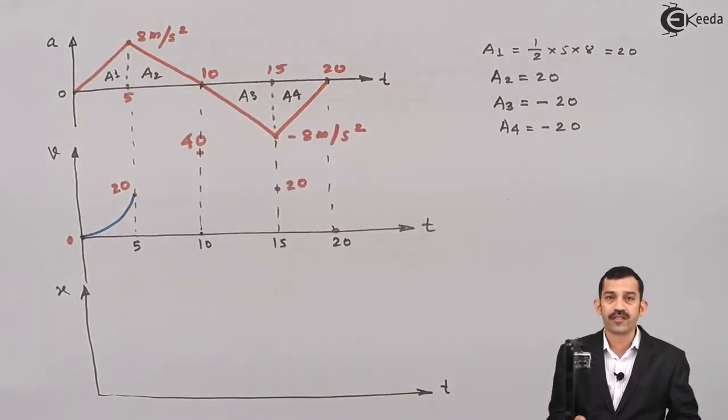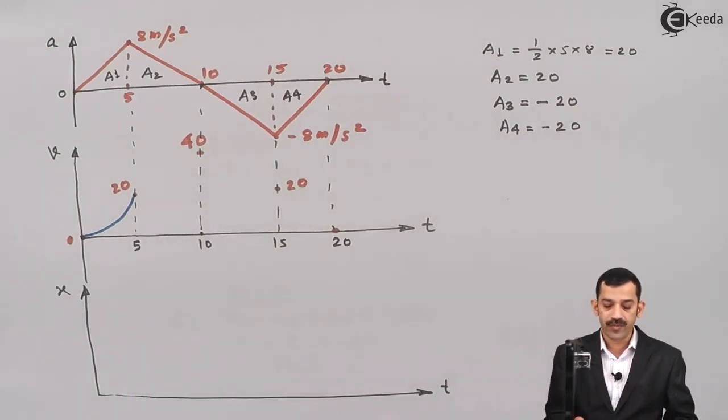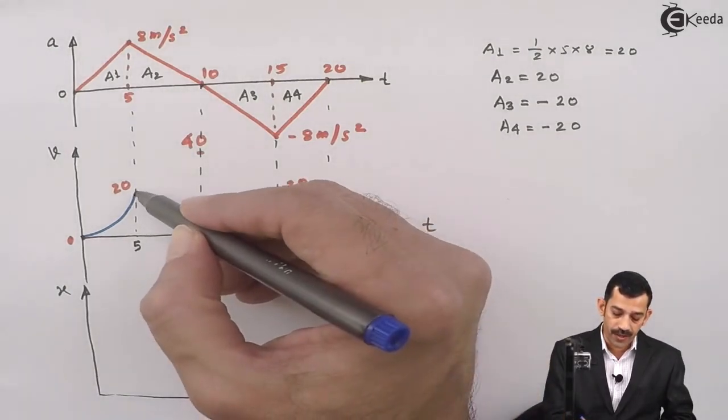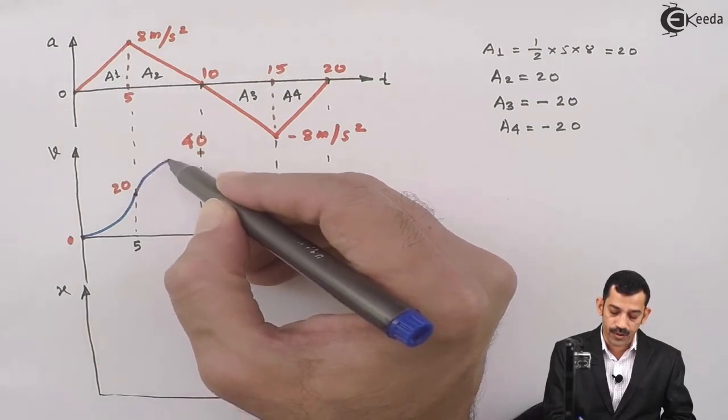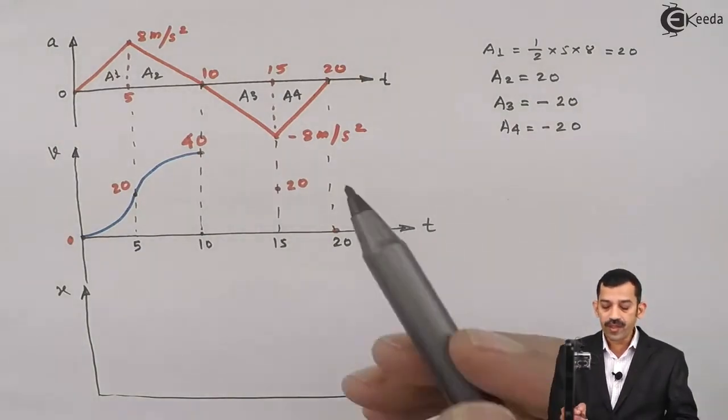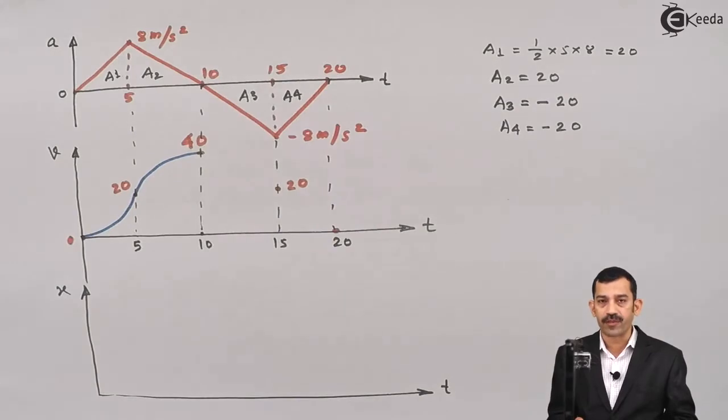That means acceleration is positive and decreasing in positive direction. Therefore, we will represent a curve in the VT diagram such that the slope of the VT diagram must decrease in positive direction. If we represent a curve like this, for this curve the slope decreases in positive direction. Both curves are parabolic.